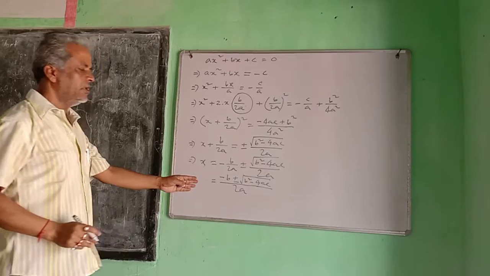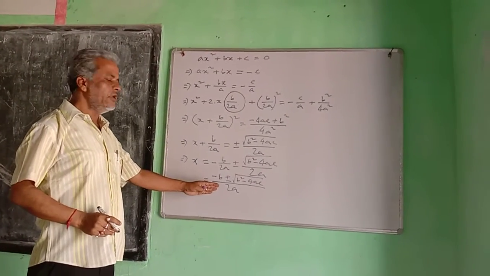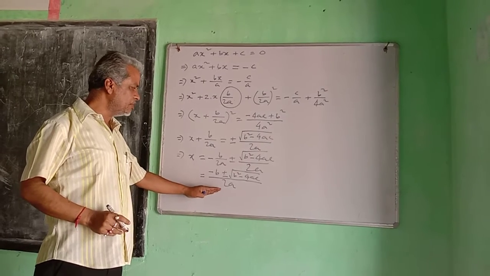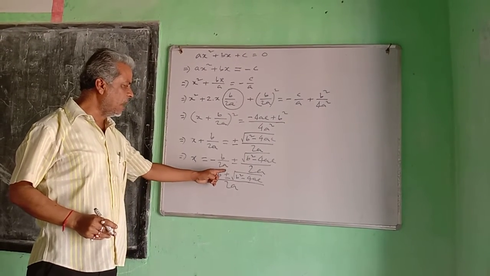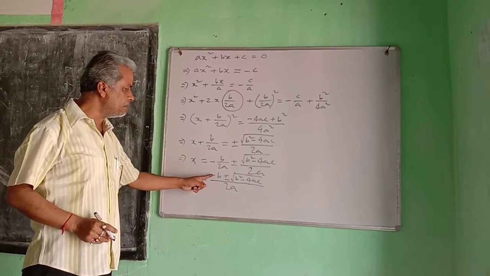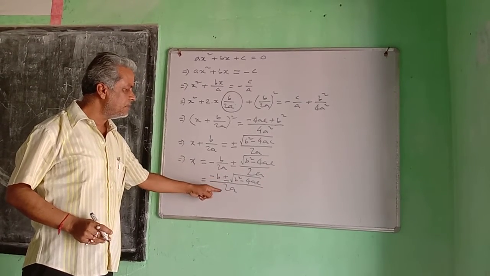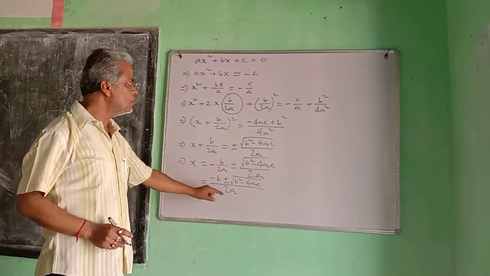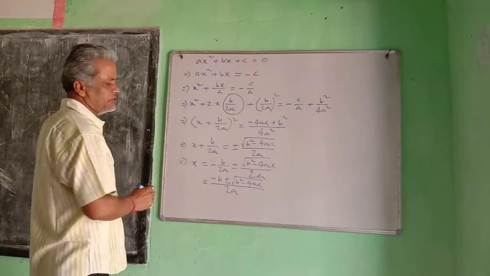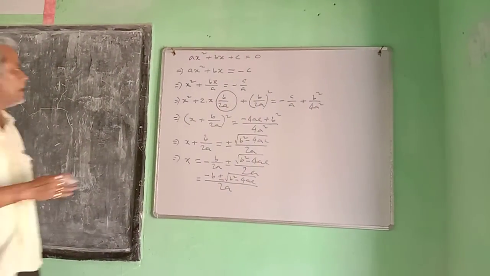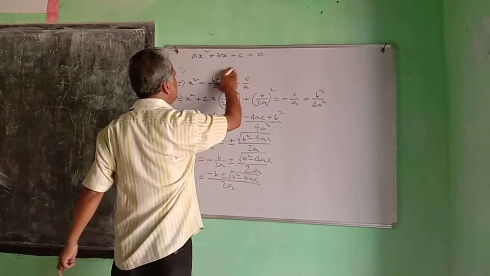So here we have got two roots. One of the roots is minus b plus root over b squared minus 4ac by twice a, and the other is minus b minus root over b squared minus 4ac by twice a. So we can write the result in this manner.